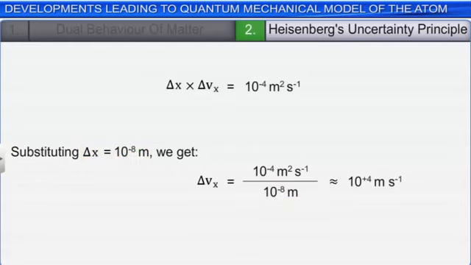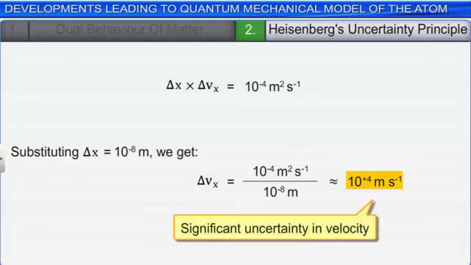This means that if one tries to find the exact location of the electron to an uncertainty of only 10 to the power minus 8 meters, the uncertainty in velocity becomes enormously significant.